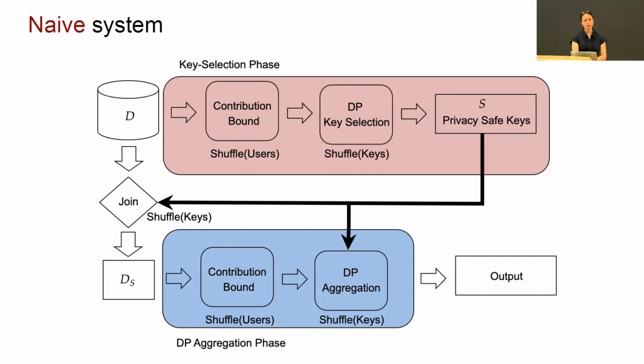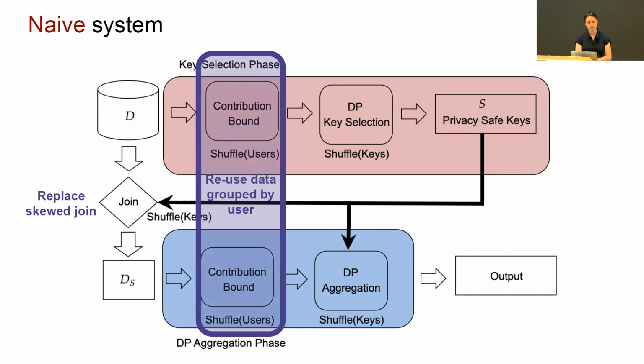Often the data set D is very large and has a lot of keys that aren't in S. So S is really small compared to D. For instance, this happens if the input data has a long tail of low count keys, most of which don't make it into the privacy safe key set S. So the system can be more accurate than the runtime optimized one, but it sacrifices a lot of efficiency.